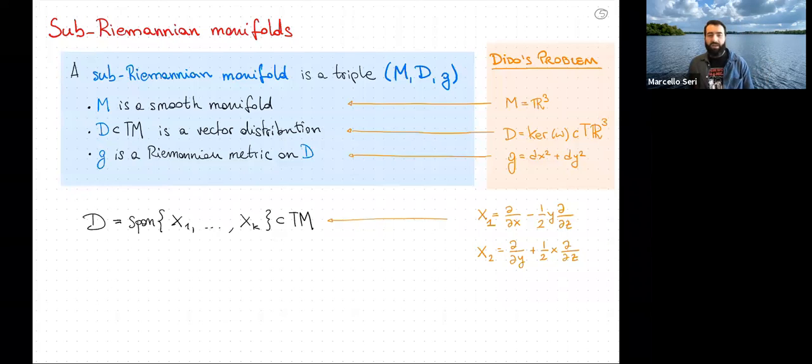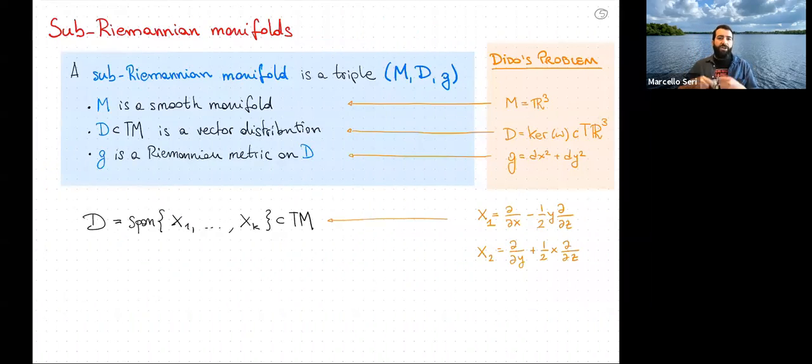So what would be one possible basis for the case of the Dido problem? Well, one of them, and I'm writing that because I'm going to need it soon, could be to take the first vector field to be dx minus 1/2 y dz, and the second vector field to be dy plus 1/2 x dz.